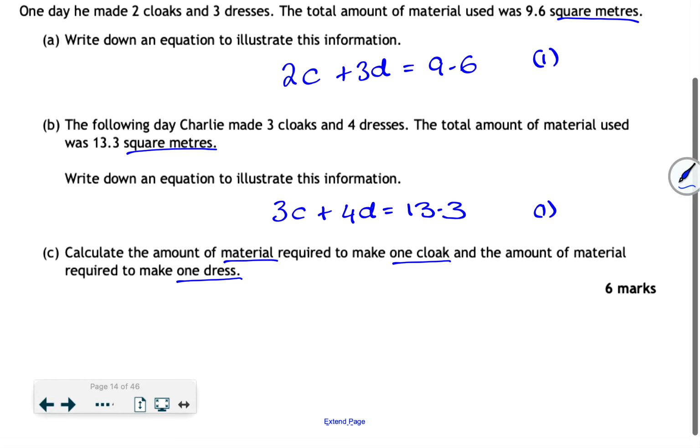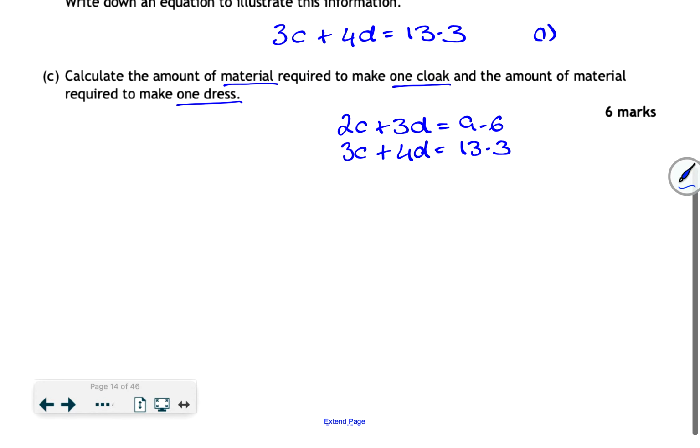So my two equations are 2C plus 3D is equal to 9.6 and 3C plus 4D is equal to 13.3. So again, let's go ahead and solve that. So middle variable 3 and 4, lowest common multiple of 3 and 4 has to be 12.